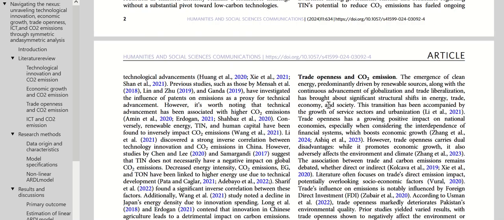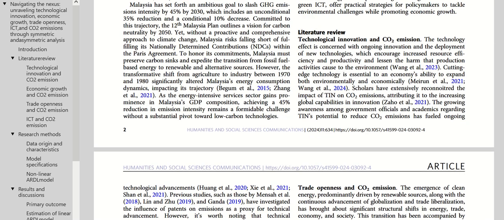All the variables impact CO2 emission. We are discussing the impact of technological innovation on CO2 emission, which improves energy efficiency and cleaner production. It means technological innovation reduces CO2 emission and also increases energy resilience.